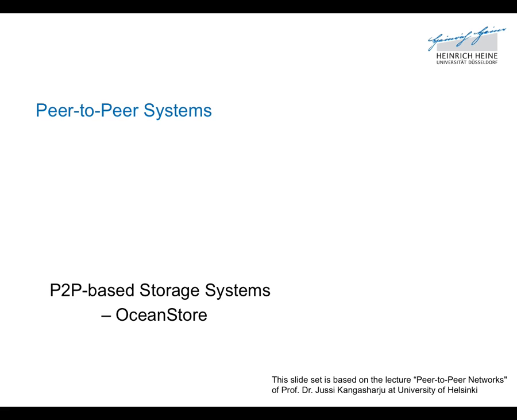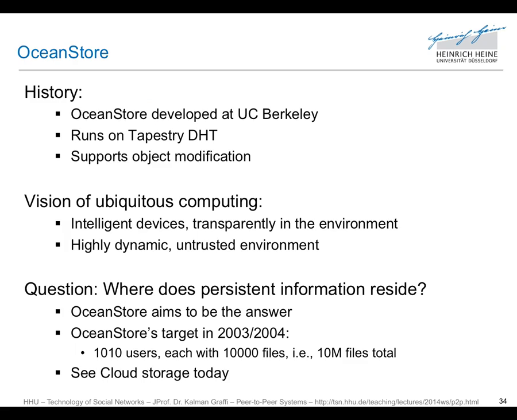Now the last one that we look at today is OceanStore, and this introduces a further concept. It's from the people from Berkeley. It runs on Tapestry. Tapestry is almost exactly the same as Pastry, with little modification.